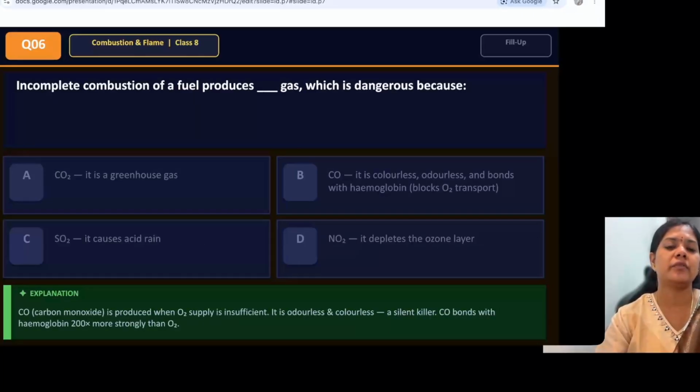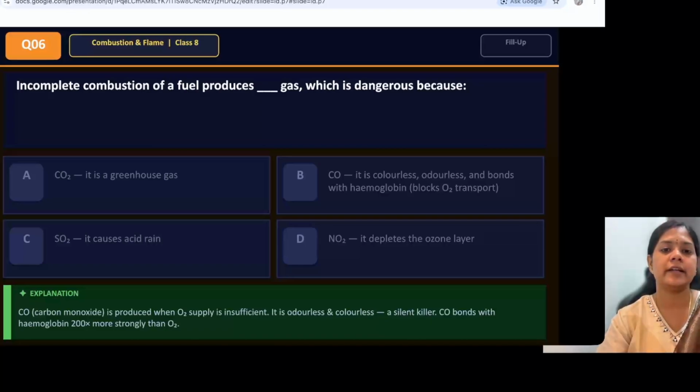Incomplete combustion of a fuel produces dash gas, which is dangerous because, you need to answer two things here. Just go through the options given. Yes, it is option B, carbon monoxide. It is colorless, odorless and also bonds with hemoglobin and blocks the transport of oxygen, and that is why the person suffers suffocation and will die eventually.